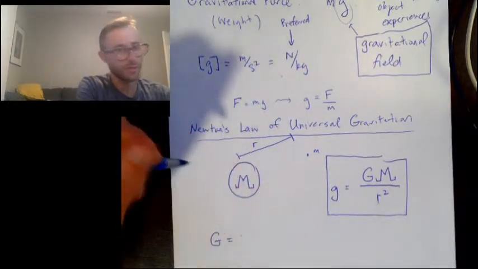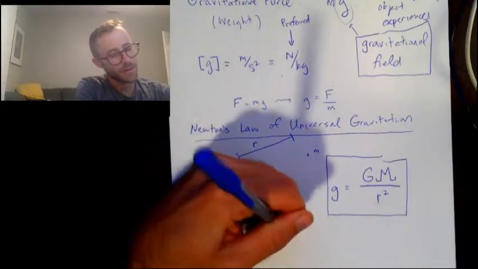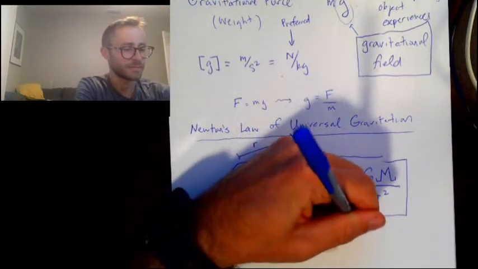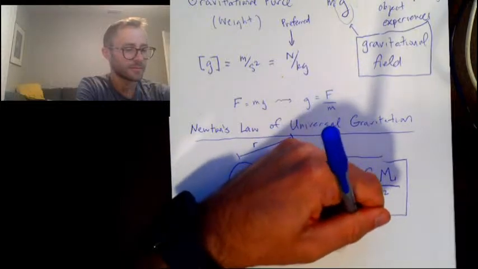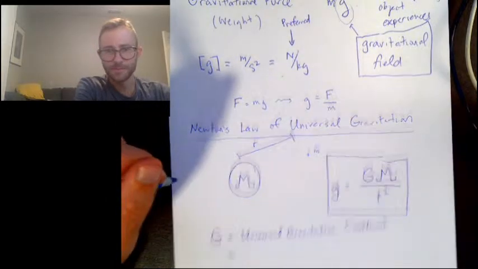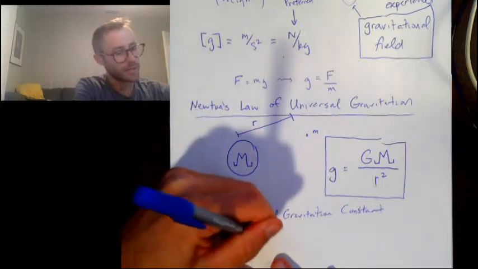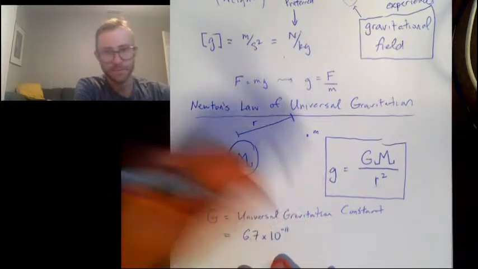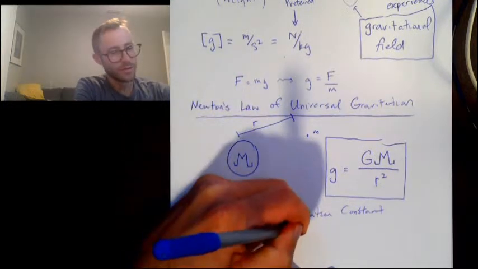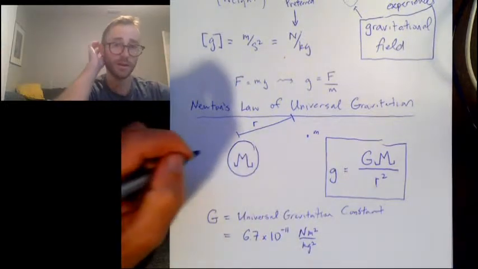So big G is equal to the universal gravitation constant, and its value is 6.7 times 10 to the minus 11, and this constant has weird units: Newton meters squared per kilogram squared.